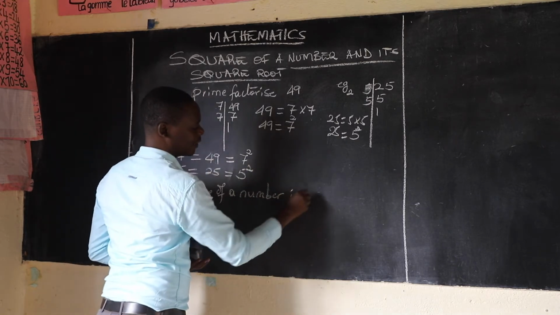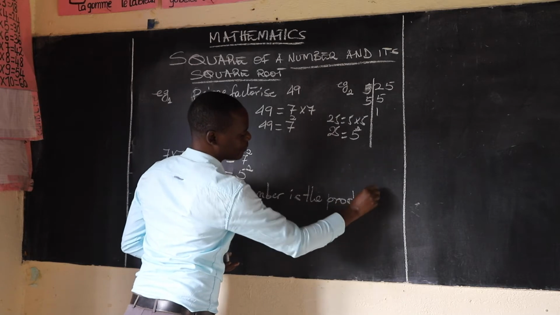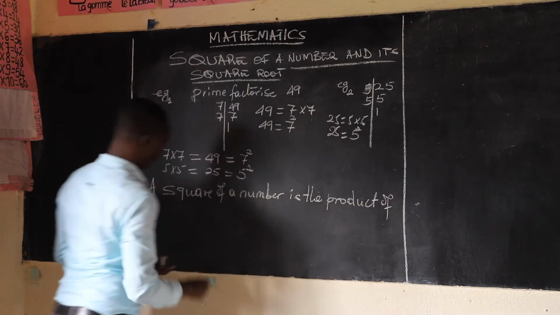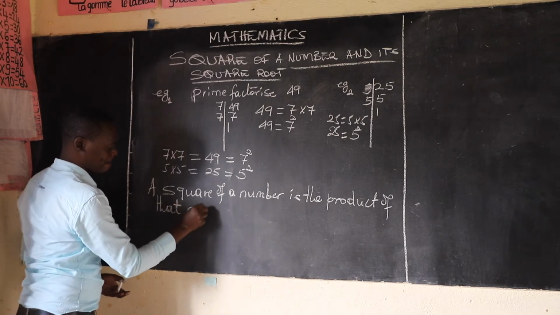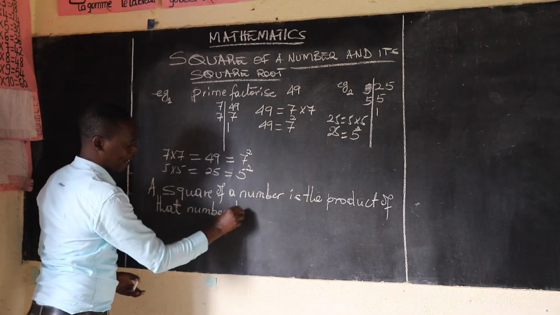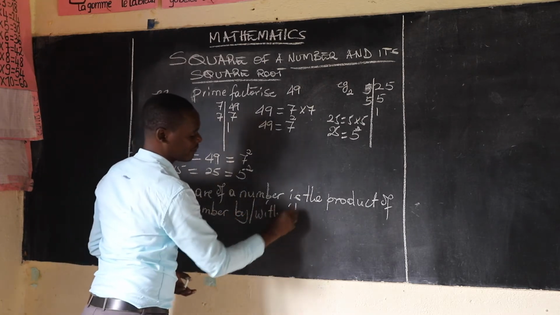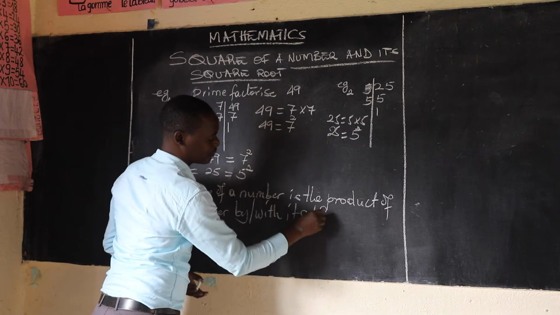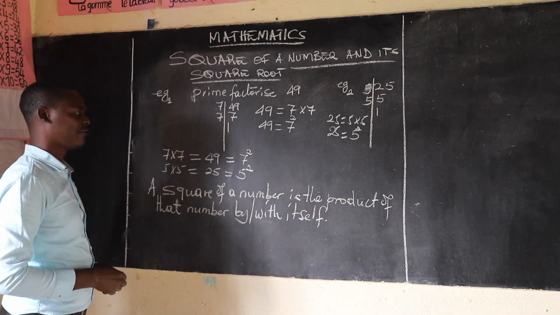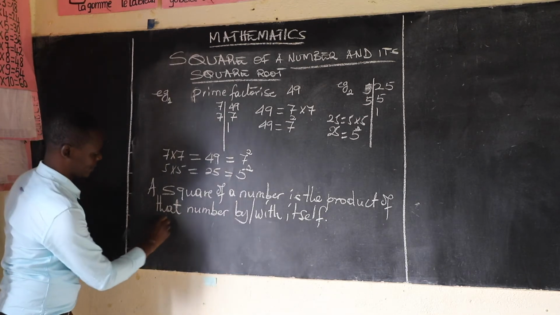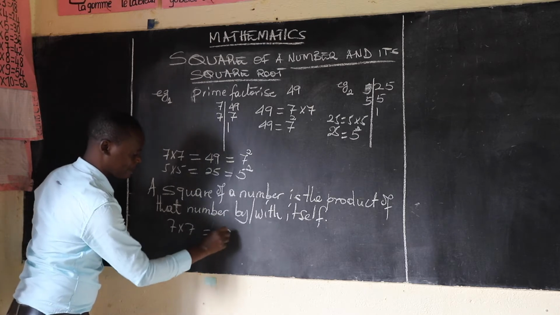A square of a number is the product of that number by or with itself. From what we have above, if I say 7 times 7, I get 49.